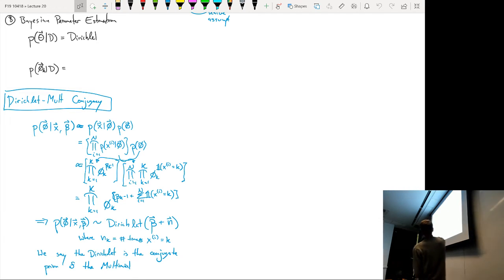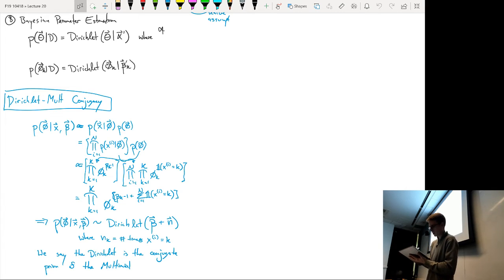We could write this like a Dirichlet over theta given hyperparameters alpha prime, and a Dirichlet over phi k given hyperparameters, say, beta prime k. So we just need to define the hyperparameters properly.